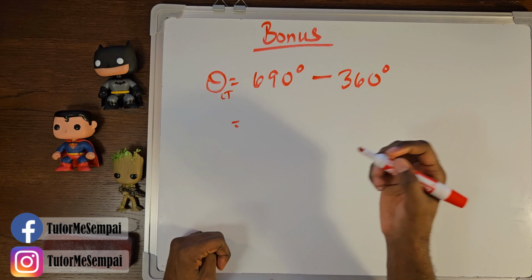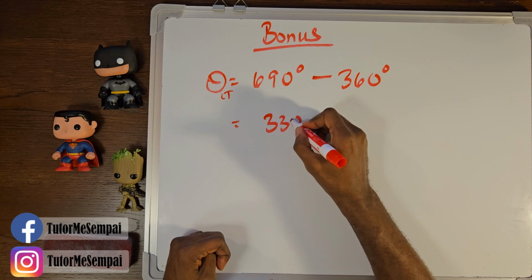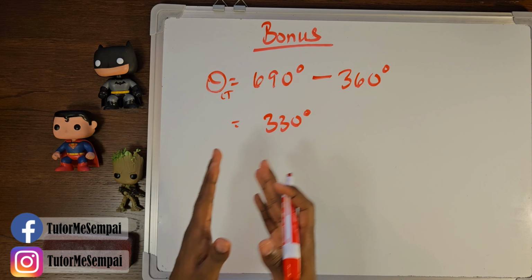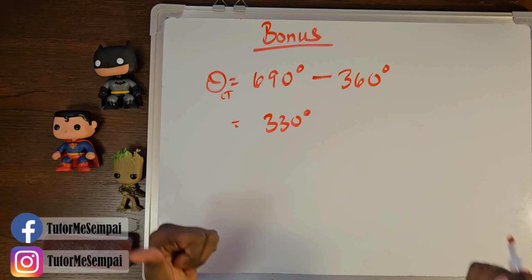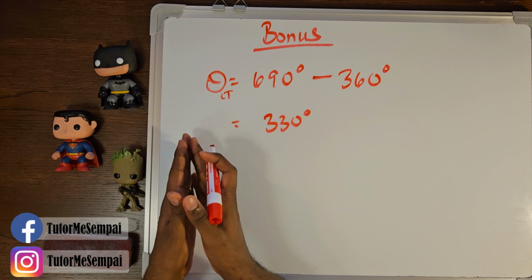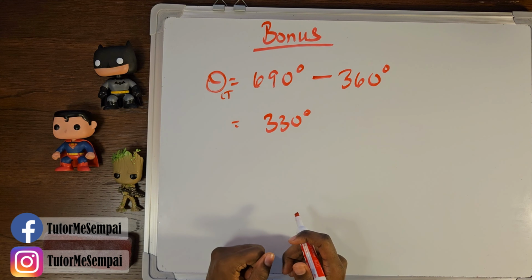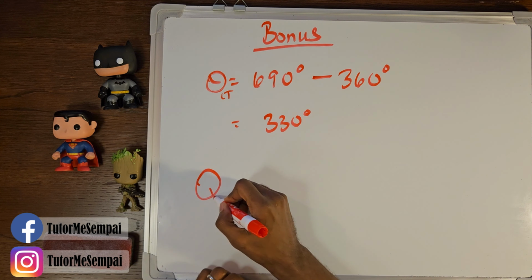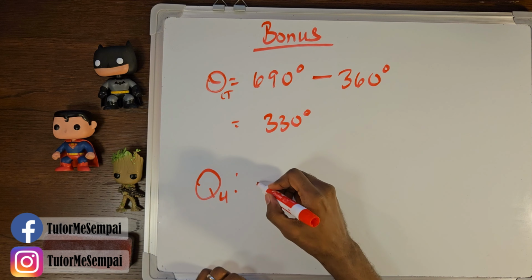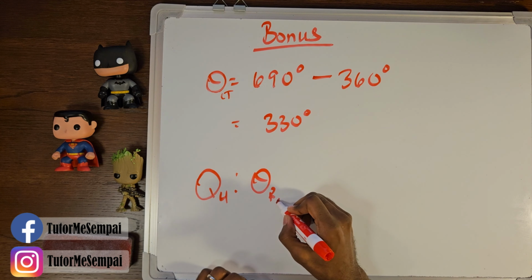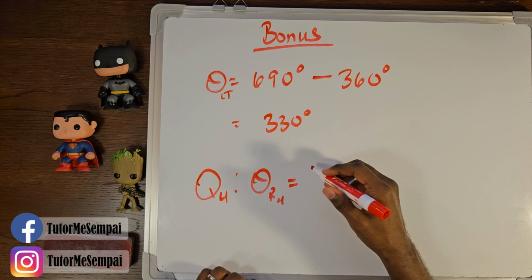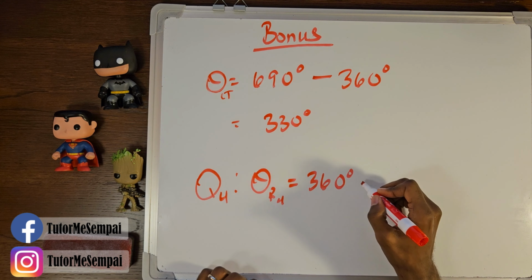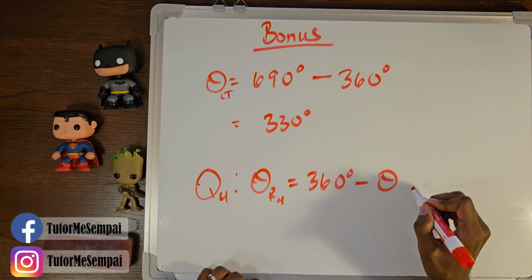And when we do that, we're going to get 330 degrees. Is this between 0 and 360? Yes. So that means our coterminal angle is going to be 330 degrees. And this is going to be in quadrant 4, which means our Q4 formula is theta R4 equals 360 degrees minus our theta.